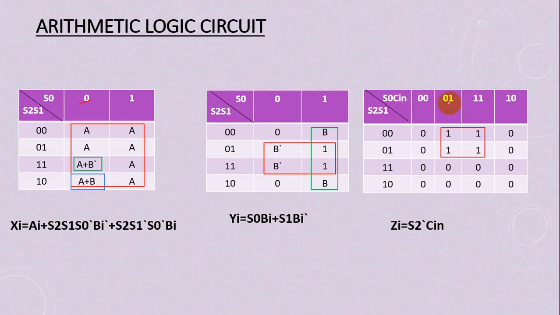S0 gets changed, so we'll discard S0 on the vertical line. S1 varies, we'll discard S1. We keep S2 bar. So S2 bar carry in is the logic equation of Z, that is modified carry. So this is our logic equation of X, Y, and Z for a combined design of this one.